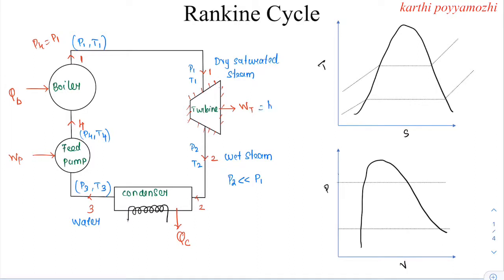Since the turbine is a work producing device, this equation H1 minus H2 is formulated from the SFE equation. And this dry saturated steam after crossing the turbine gets converted into a wet steam, and this wet steam enters the condenser at a pressure P2 and temperature T2, and is converted into water by the condensation process taking place in the condenser.